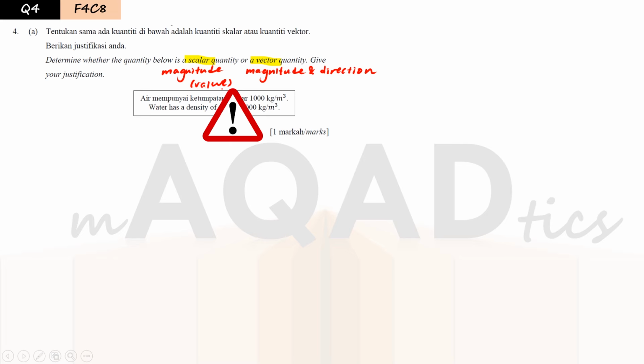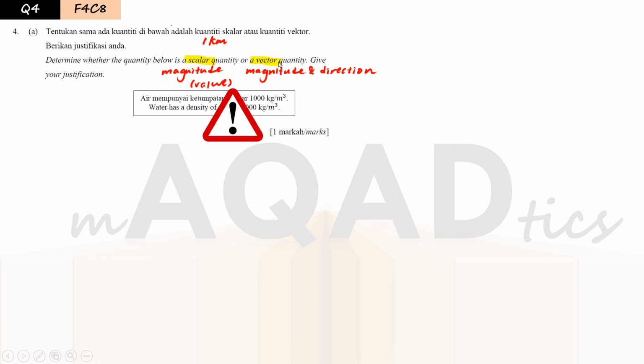Let me give you a very simple example of what is scalar and what is vector. Let's say the distance from point A to B is 1 km. This is a scalar quantity because it only has the value, or the magnitude.